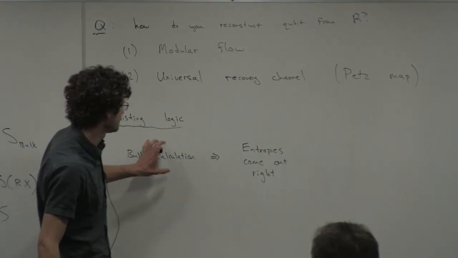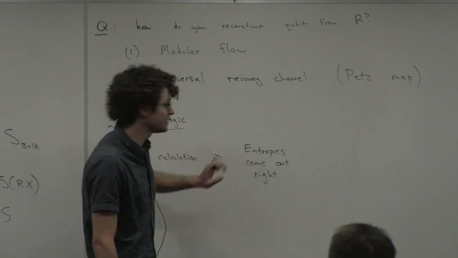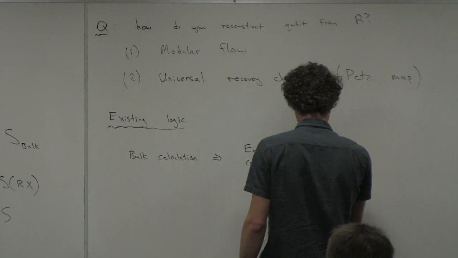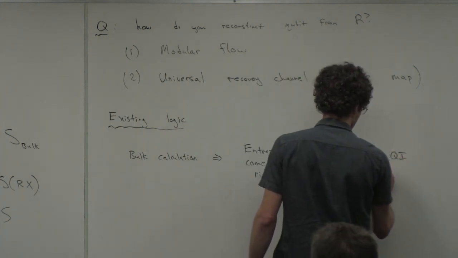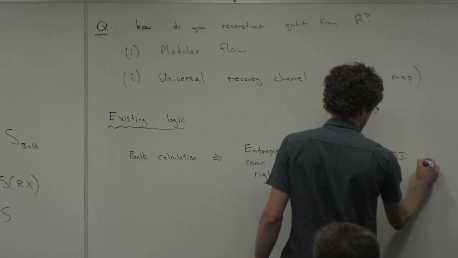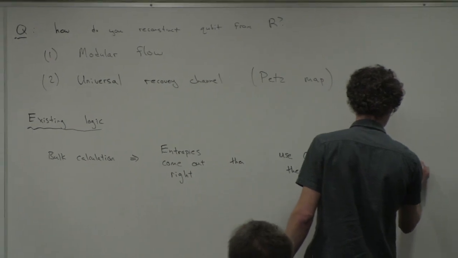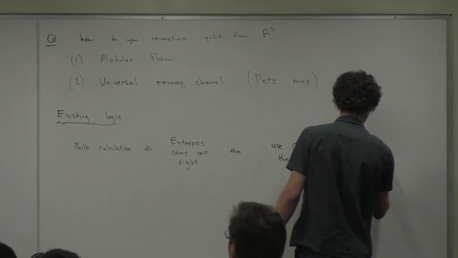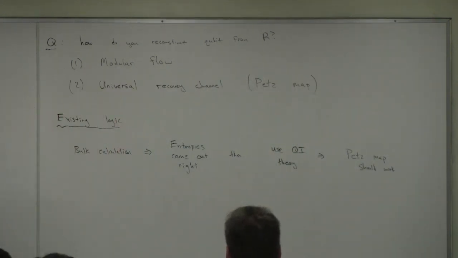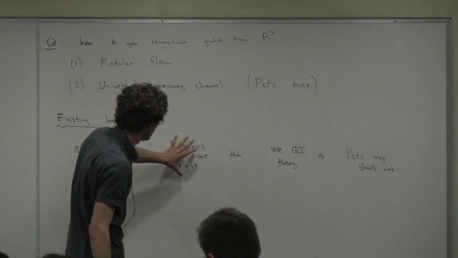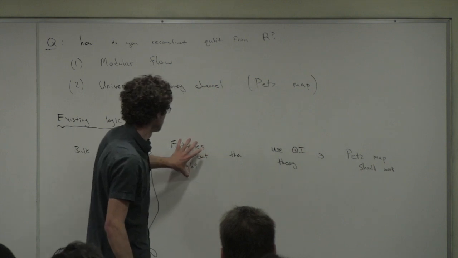So you use a bulk calculation to compute some quantum information theoretic quantities, and then you use quantum information theory to show that this Petz map should work. Okay, but it doesn't really show why it works. You do the bulk calculation, you find that it should be possible using quantum information results and the entropies that you compute.